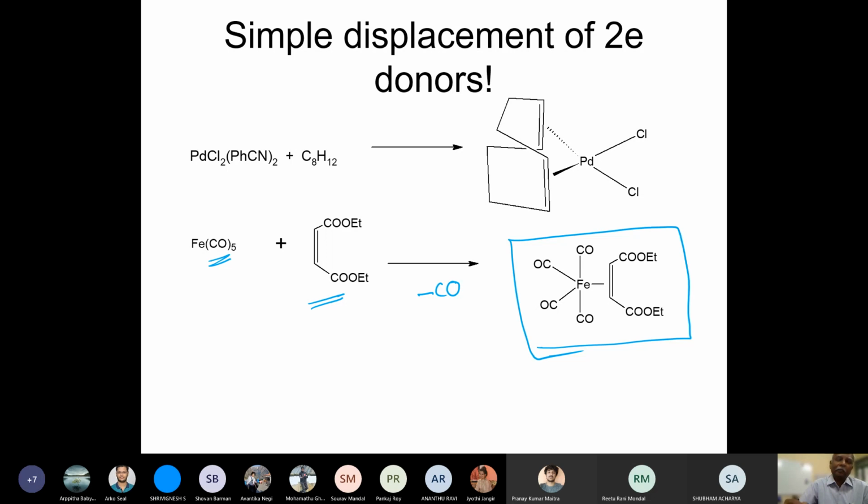That's fumarate. Yes. No, maleate. Maleic acid is the one which is cis, right? So that's diethyl maleate, the ethyl ester of maleic acid, and that's forming a nice complex like this with FeCO4.